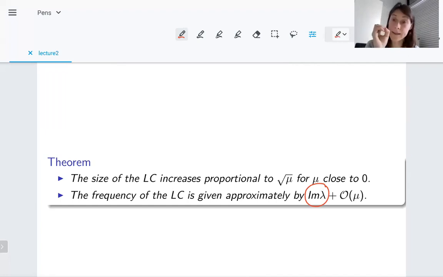So when this limit cycle appears, which is a periodic orbit with a frequency given by the imaginary part of the eigenvalues, it is born with a positive frequency. Okay.